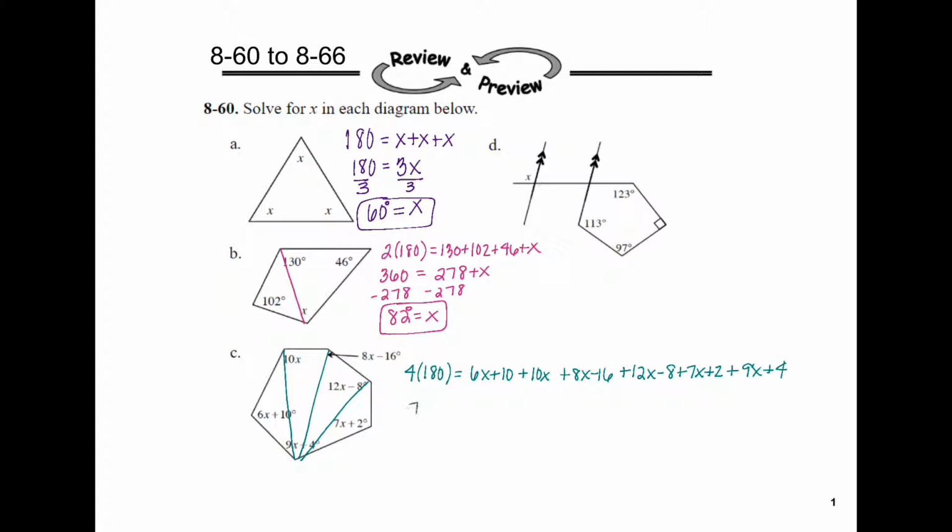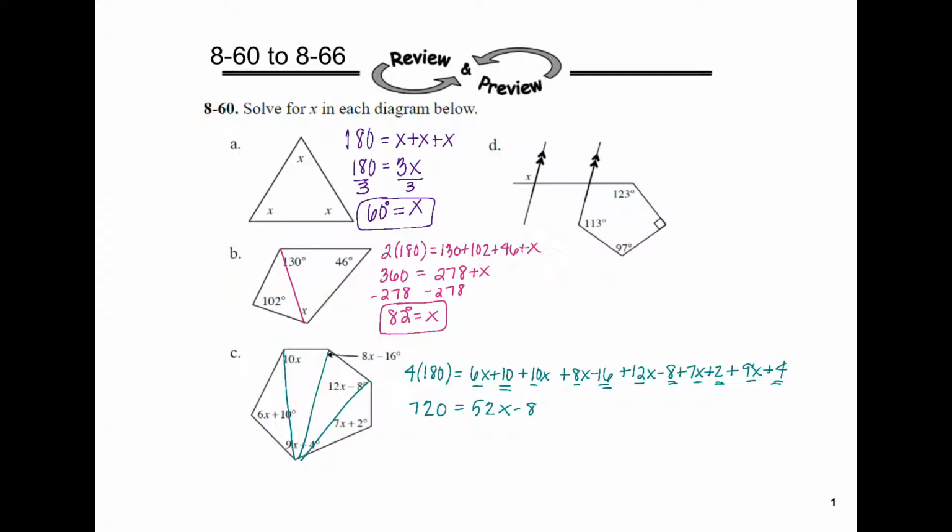When I combine all of my like terms, on the left-hand side I get 4 times 180 is 720. When I combine all of my x's, I get 52x. When I combine all my whole numbers, I get negative 8.